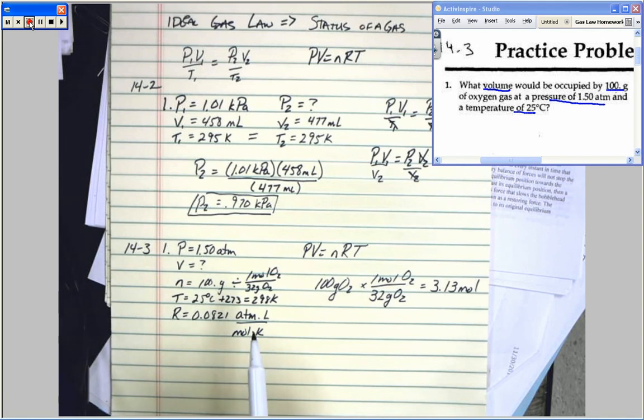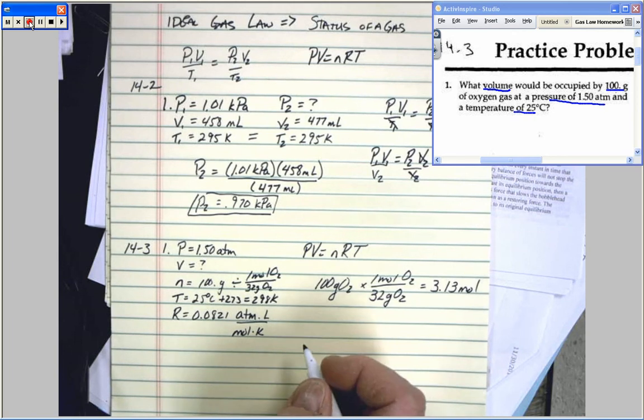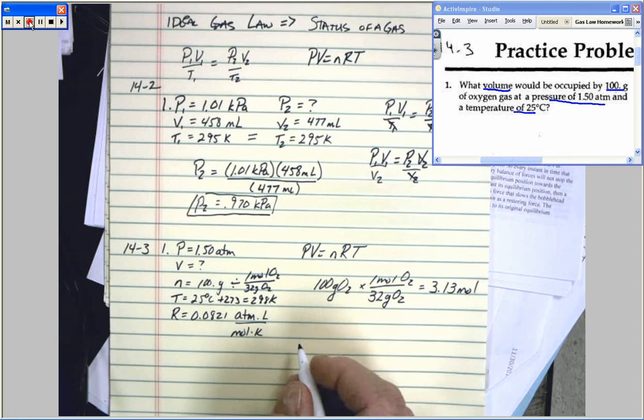Okay, so we've got the 4 things. We've got pressure, we've got number of moles, we've got our temperature, and we have R. So we are looking for volume.